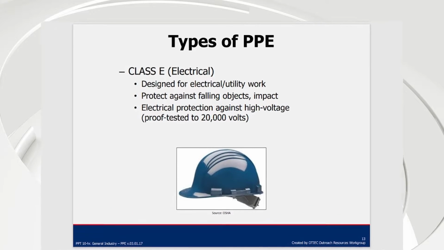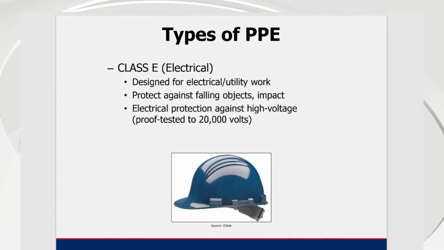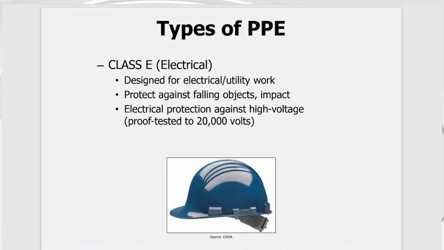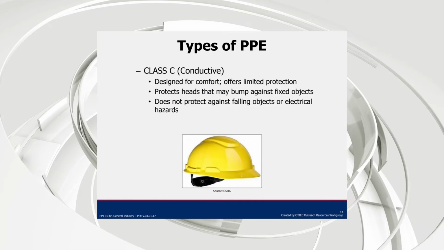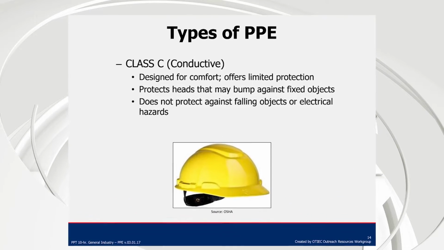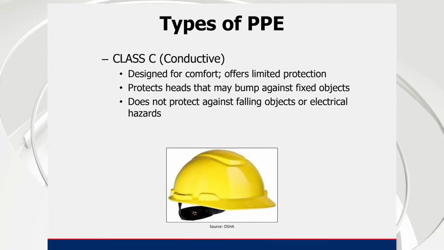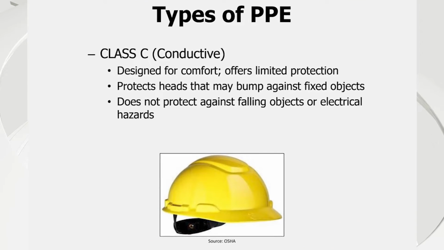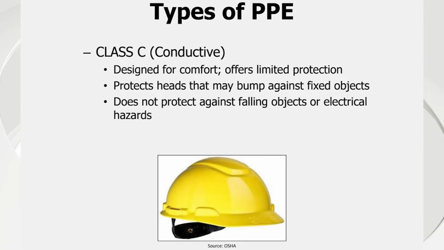Also protects against falling objects and electrical protection against high voltage. Proof tested to 20,000 volts. Class C, Conductive. These are designed for comfort, offers limited protection. Protects heads that may bump against fixed objects, does not protect against falling objects or electrical hazards.